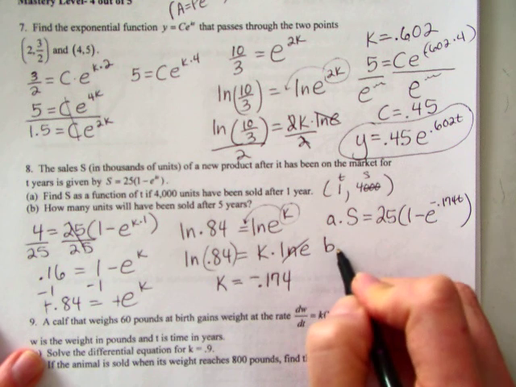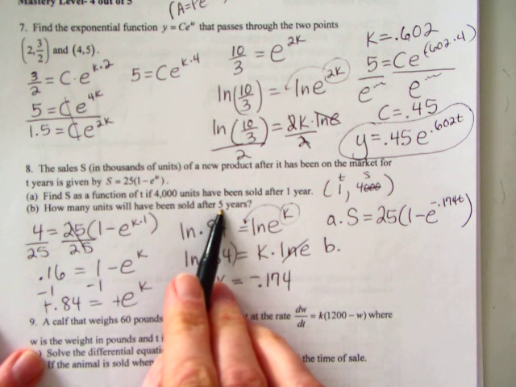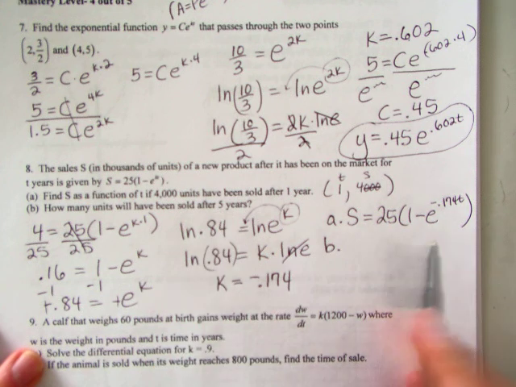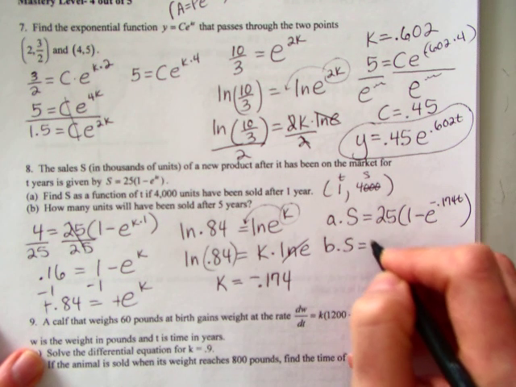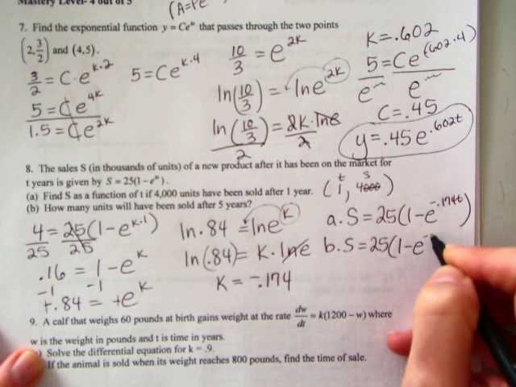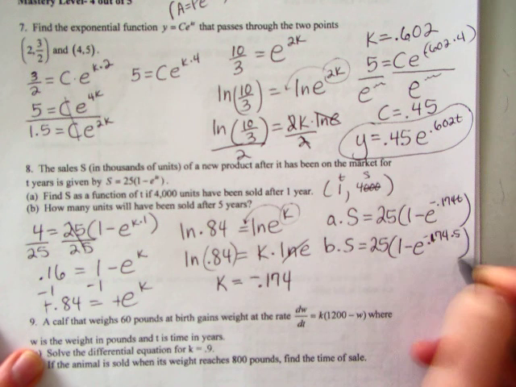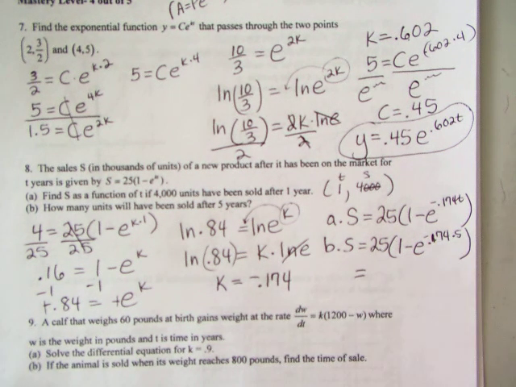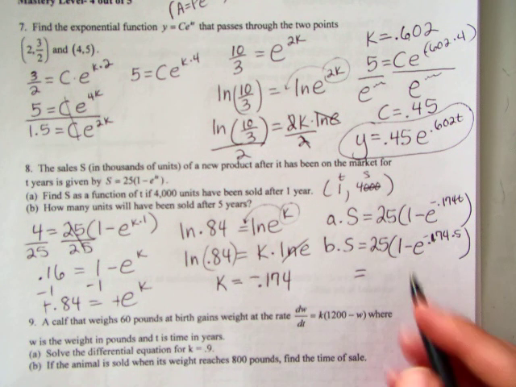Then for B, it says how many units will have been sold after 5 years. So 5 is the time. We're going to plug that in there and find S. So S equals 25 times 1 minus e to the negative 0.174 times 5. This is all numerical, so that can all just be typed in.